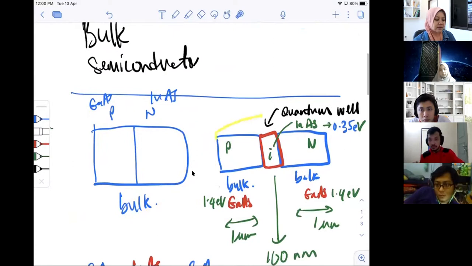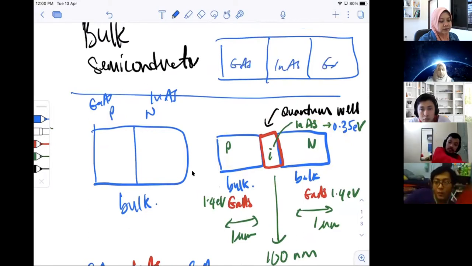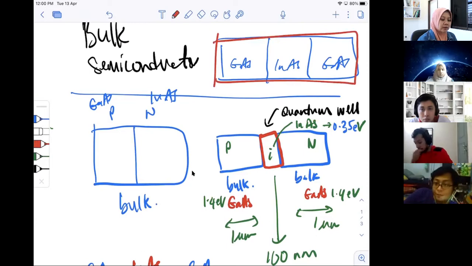Biasanya dia akan jadi macam ni. Ni quantum well, kalau heterostructure biasa dia akan jadi macam ni. Ini sama besar. Oh, okay, got it. Yeah, definition of quantum well, right? Okay.